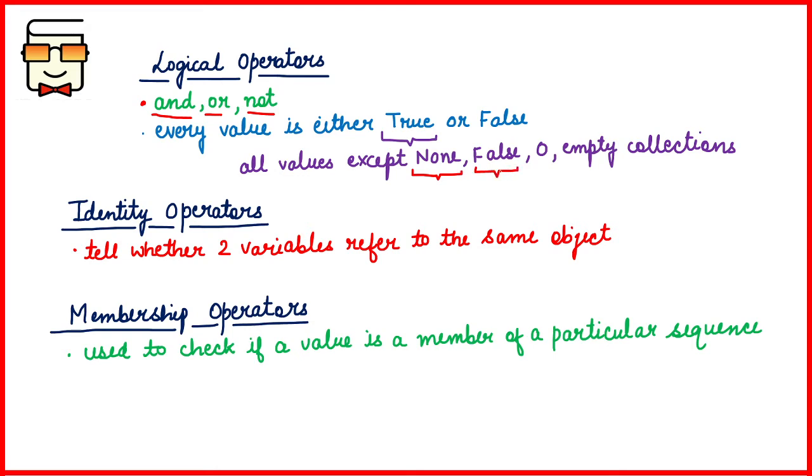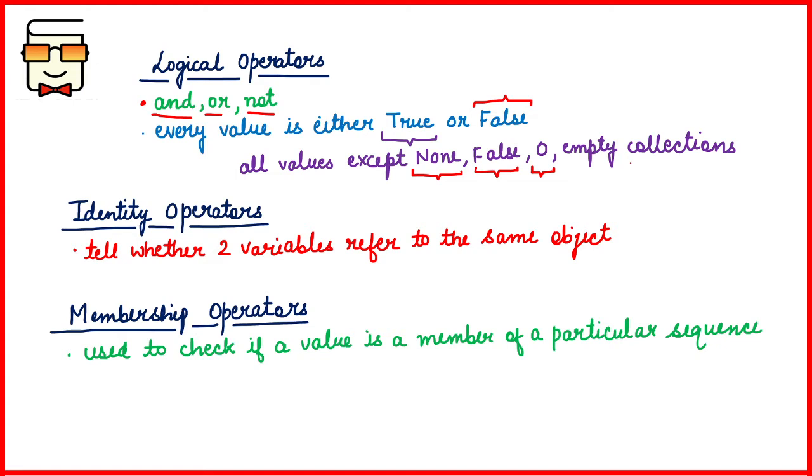That means it has been assigned the Boolean false, or if that value or variable is 0, or the last case is if a variable is an empty collection, that means an empty string or an empty set, empty dictionary, empty list and so on. So apart from all these cases, any value or any kind of variable that stores a value will always be considered as Boolean true. Okay, and what are the false values? I have told you all these: the value None, the False value itself, 0 and empty collections.